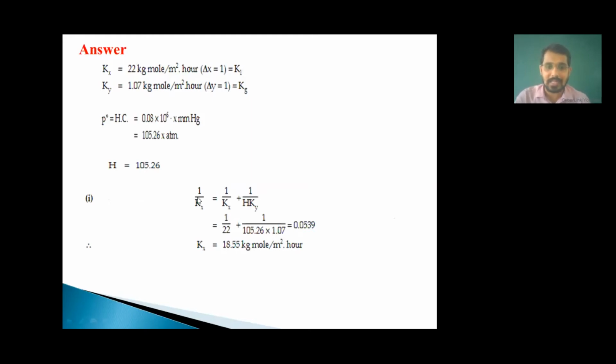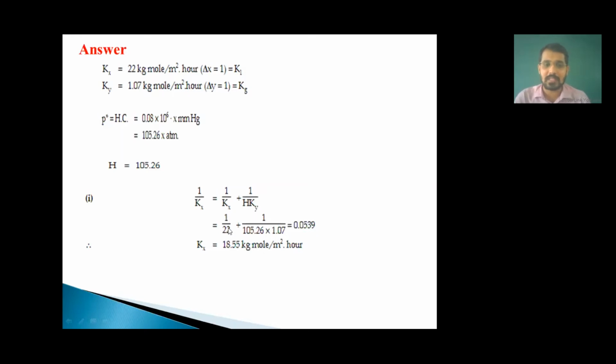On the right side these are the small kx and small ky, and on the left side this is capital Kx. Be careful about this. Capital Kx is the overall mass transfer coefficient in a liquid phase, and small kx is the individual mass transfer coefficient in a liquid phase. Small ky is the individual mass transfer coefficient in gaseous phase.